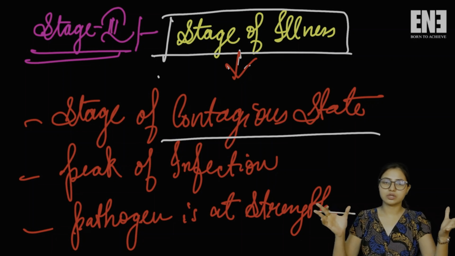Not fully recovered, but the beginning of recovery has started. You need to understand symptoms start to reduce, infection is getting reduced and the person is starting to recover. Yes, this is stage 4.